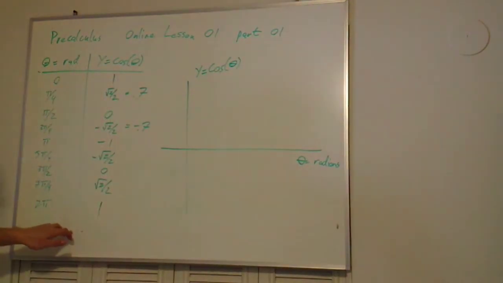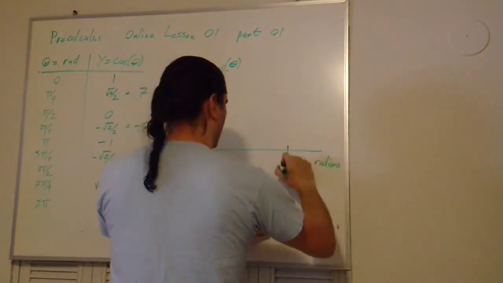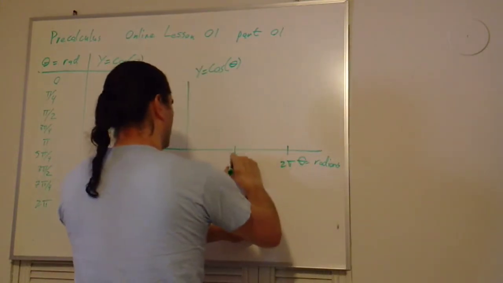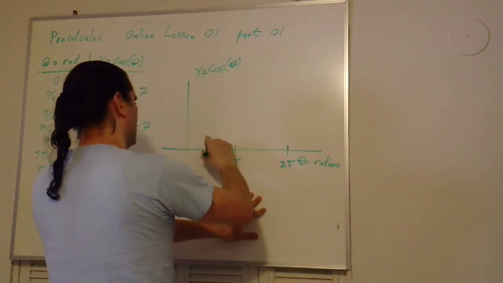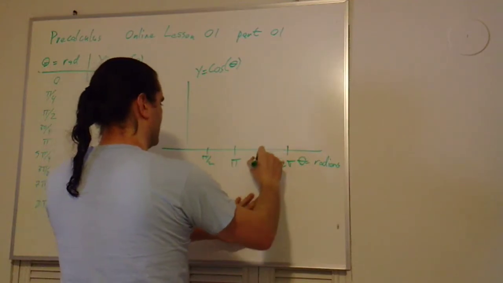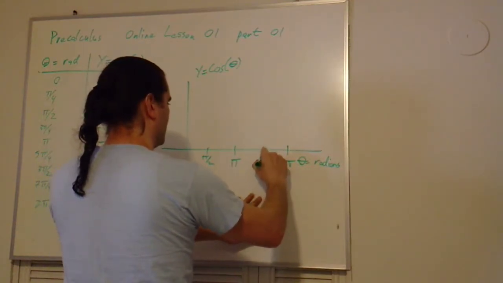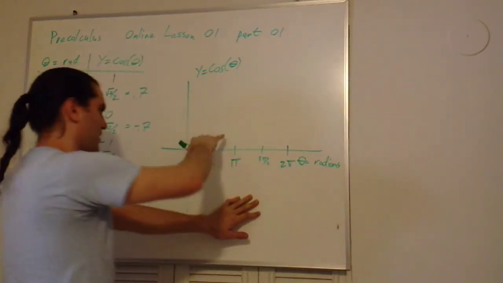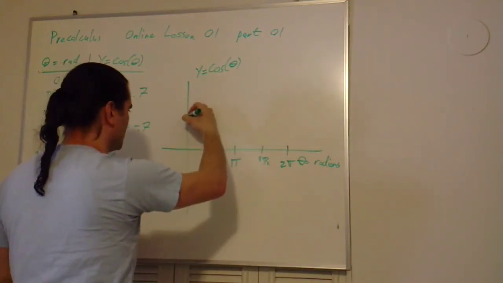And again, I will say that right here we have 2 pi. We'll put pi right in the middle. This will be pi over 2. This will be 3 pi over 2. And then the pi over 4s will be in between those things.